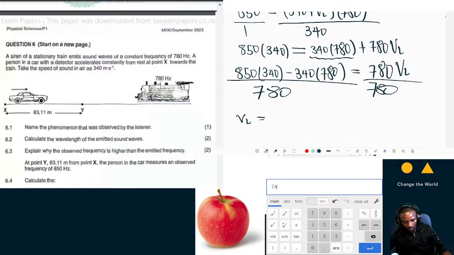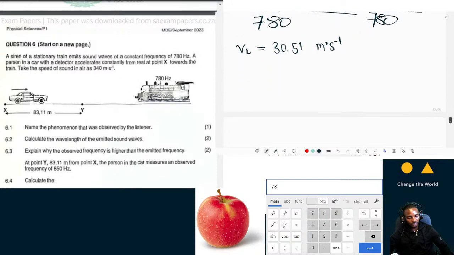This should be equal to 30.51 meters per second. So that is the velocity of the listener, or the velocity of the car at point Y, because the listener is within the car. So both the car and the listener travel at the same velocity. So that's the final velocity, because initially the car was at rest at X.